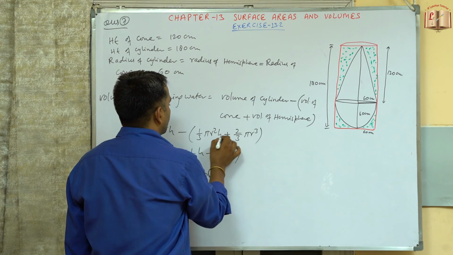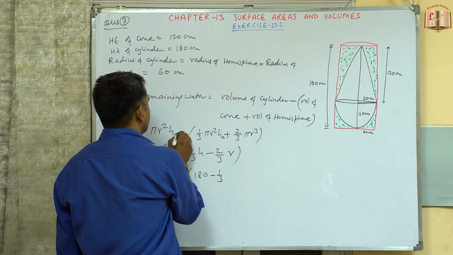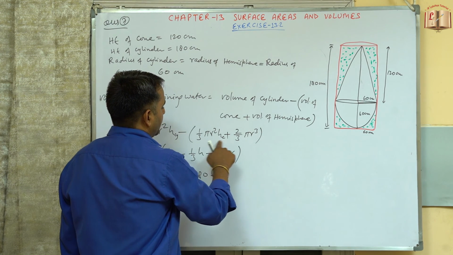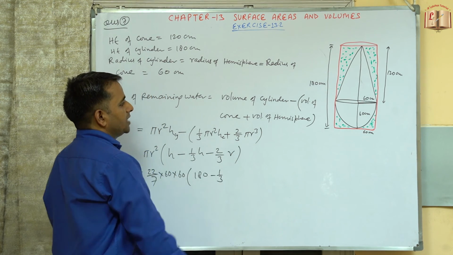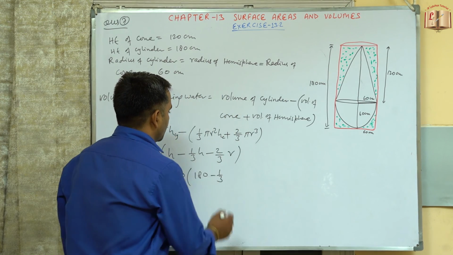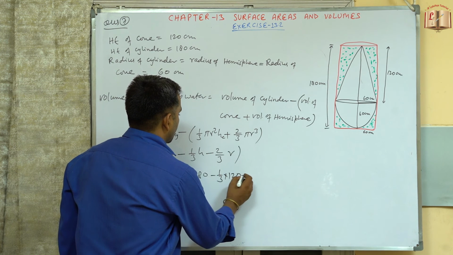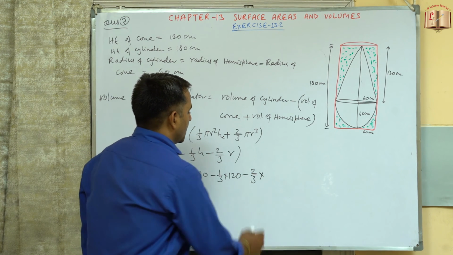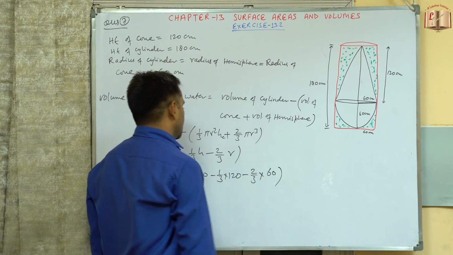So this is the height for cone and this is the height for cylinder. So height of the cone, 1 by 3 into h. H is the height of this cone. So this is 120. So into 120 minus 2 by 3 into r. R is 60.